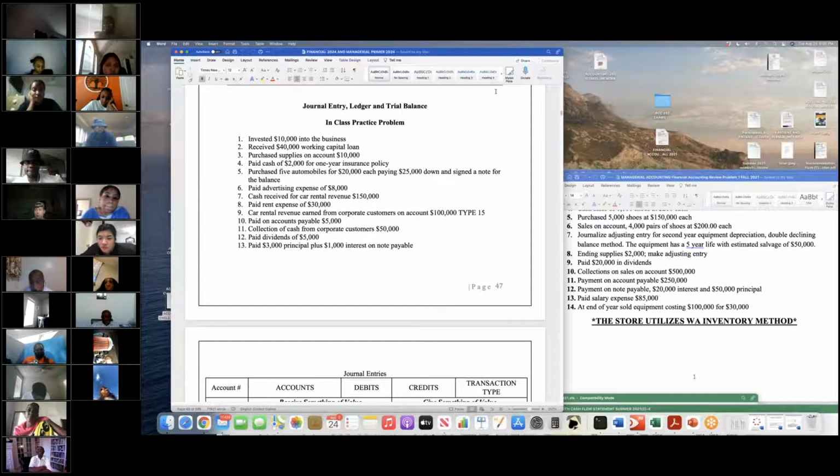Yes, it's in there. Where was it? What is it under? It's under financial framework. One of them is under managerial accounting, and the other one is under the accounting cycle fall 2021. So it should be there.